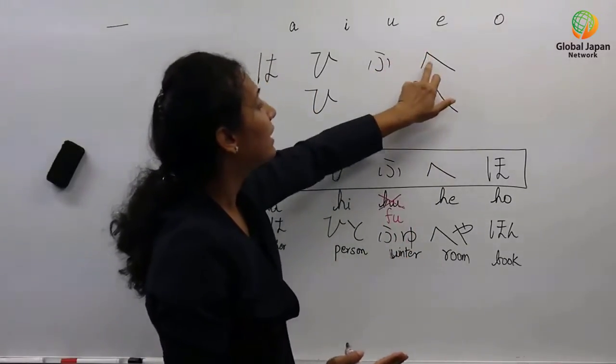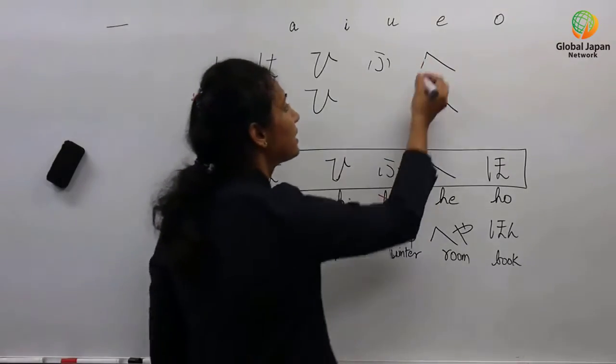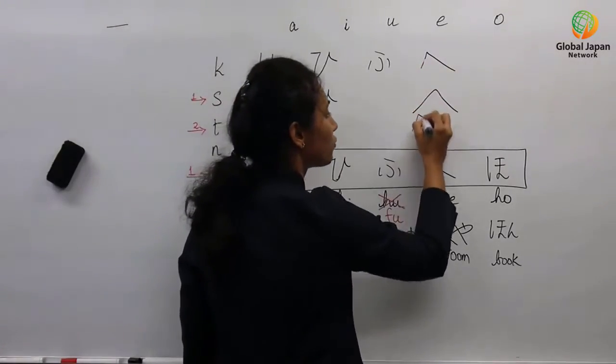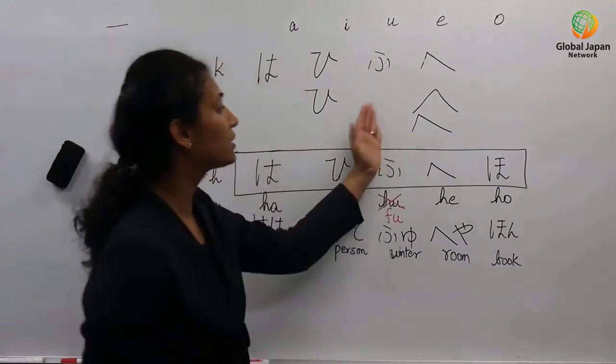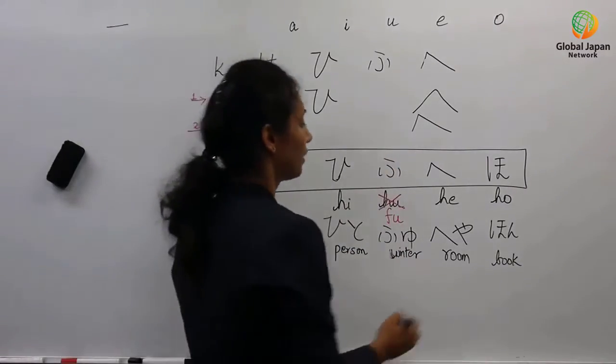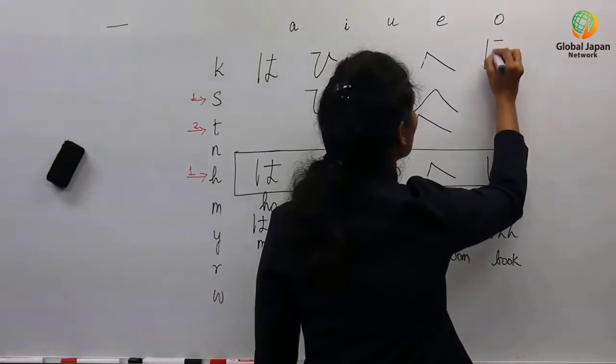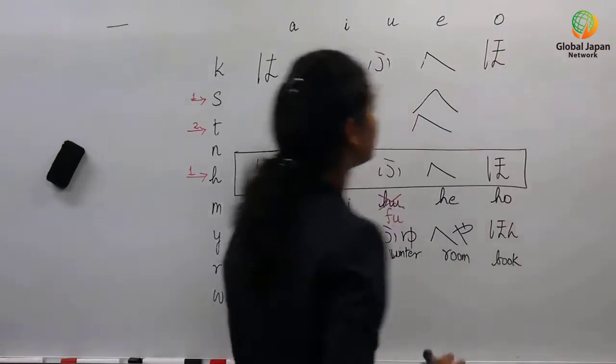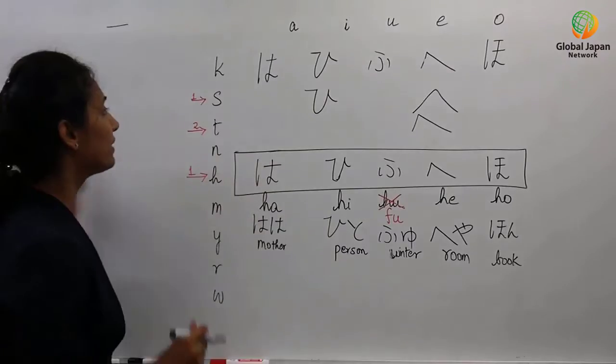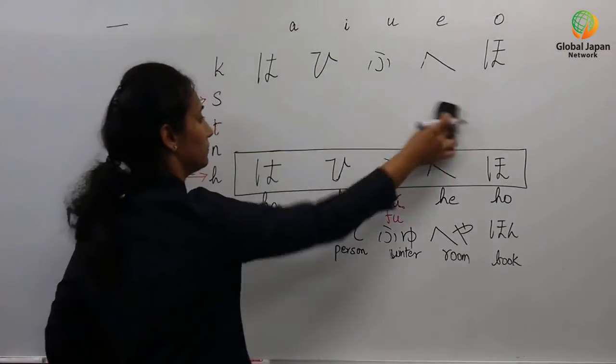The proportion is more towards the left, so it indents more on the left hand side. Ho is one line, 1, 2, 3, 4. So this is the way the characters are drawn.